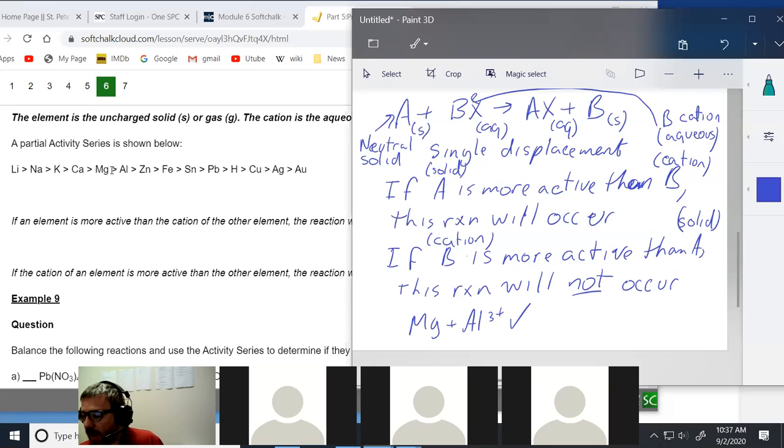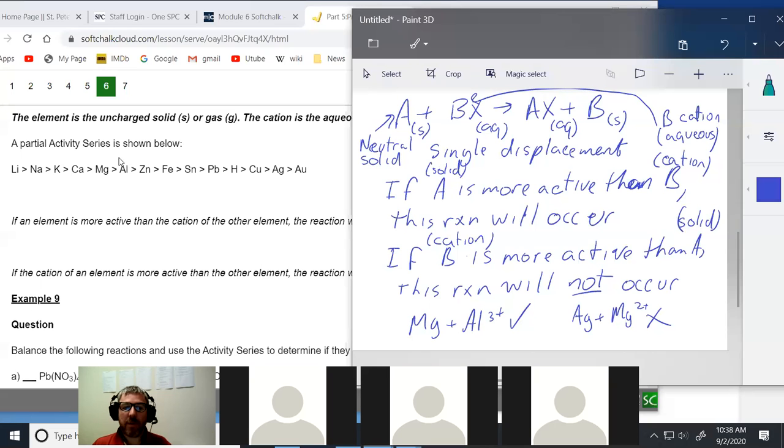But if I was to take Ag plus Mg2+, that will not occur because Mg2+ is not more active than Ag, so that reaction won't occur.